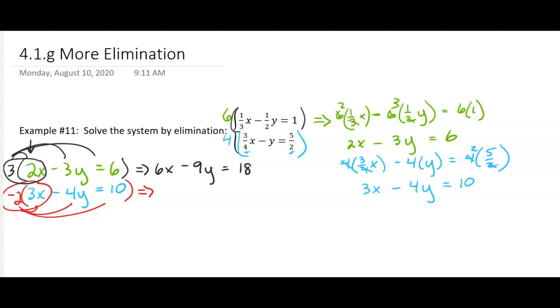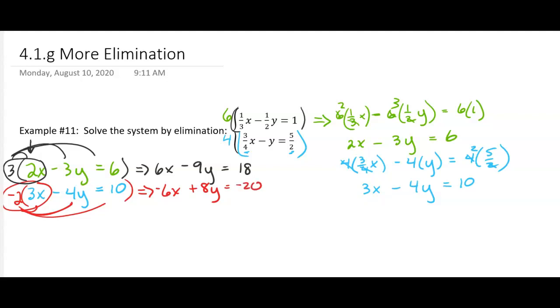So when they're both the same sign, you have to make sure you multiply through by one positive and one negative, so you can get a positive and a negative to eliminate. Negative 6x plus 8y, right? Because negative 2 times negative 4y is going to be a positive 8y, and then that's going to equal a negative 20, I think. Yeah.